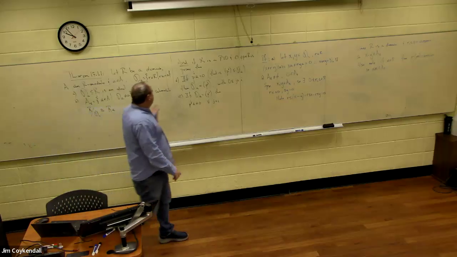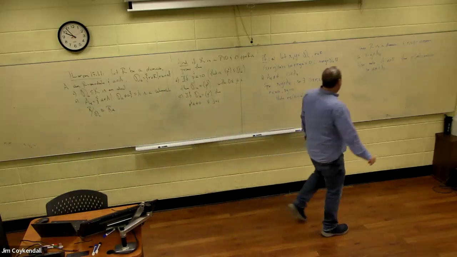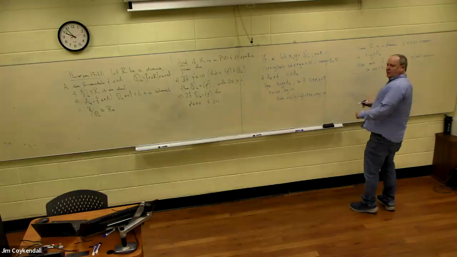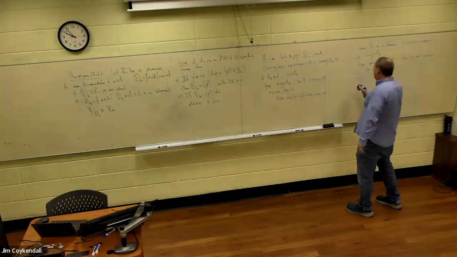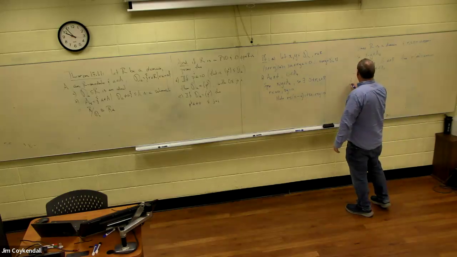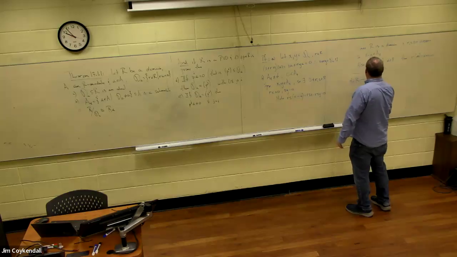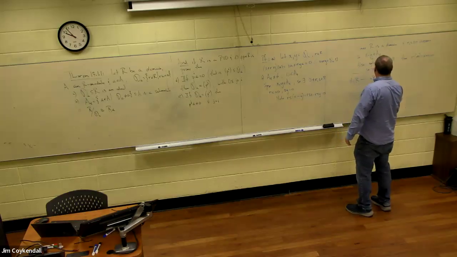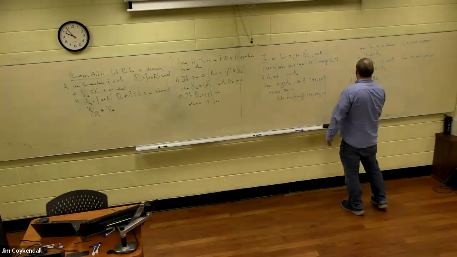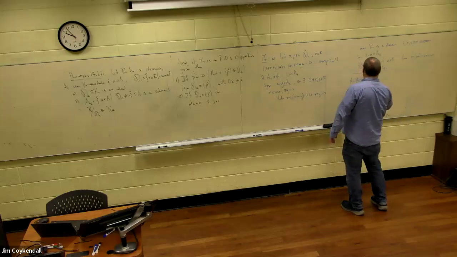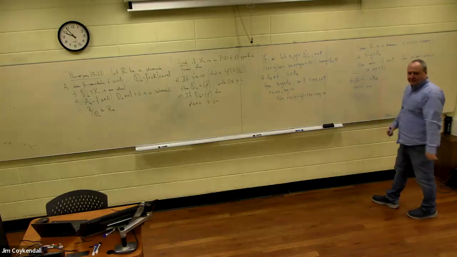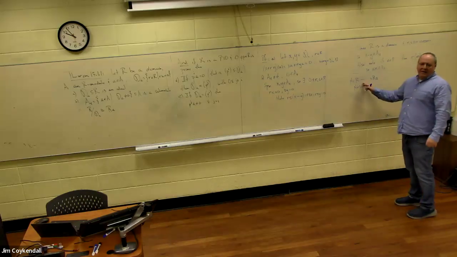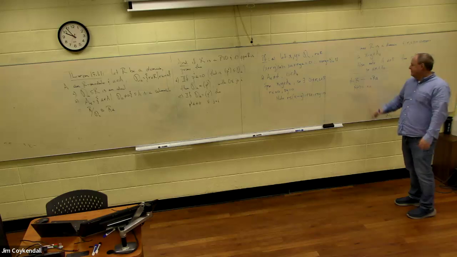Maybe we'll talk about the PID part next time. This one I can pound out in the blink of an eye. Consider phi from R to RA, given by phi of R equals RA. Is everybody with me on the fact that this is an R-module homomorphism?